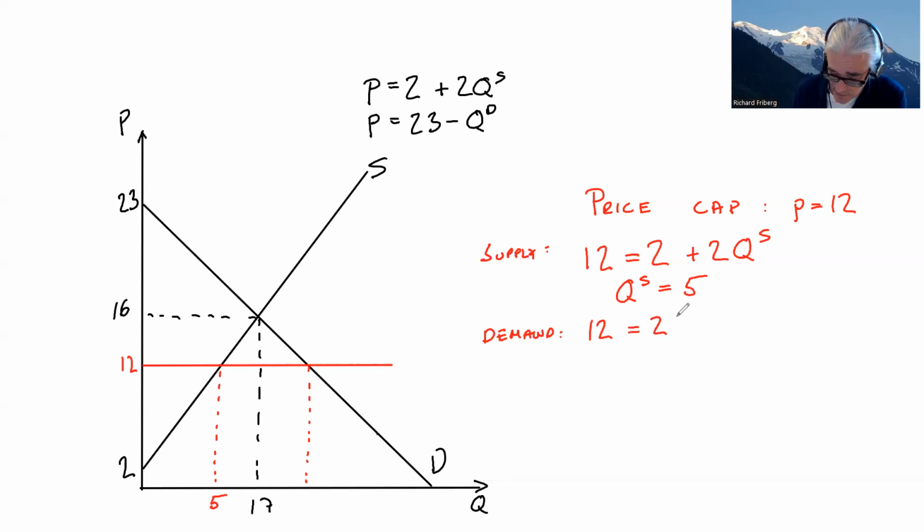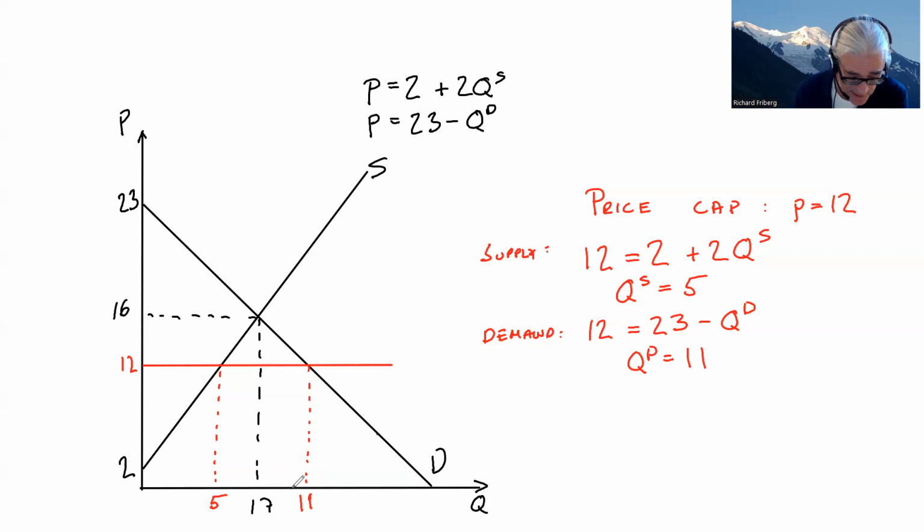The quantity demanded solves 12 equals 23 minus QD, which implies that QD equals 23 minus 12, which is 11. So 11 units will be demanded, and there's an excess demand of 6 units here.